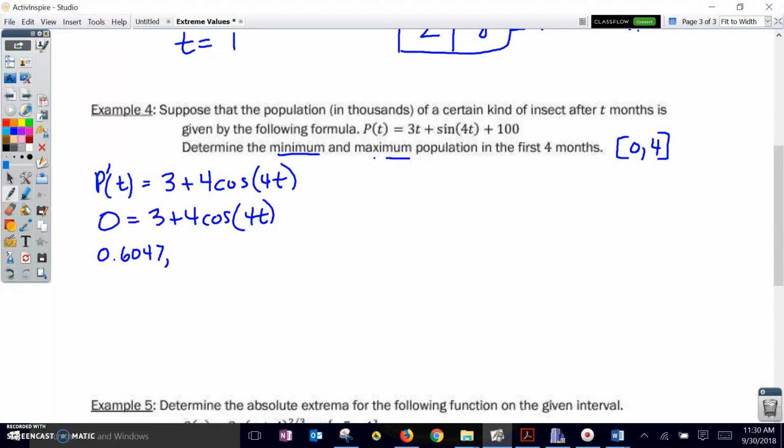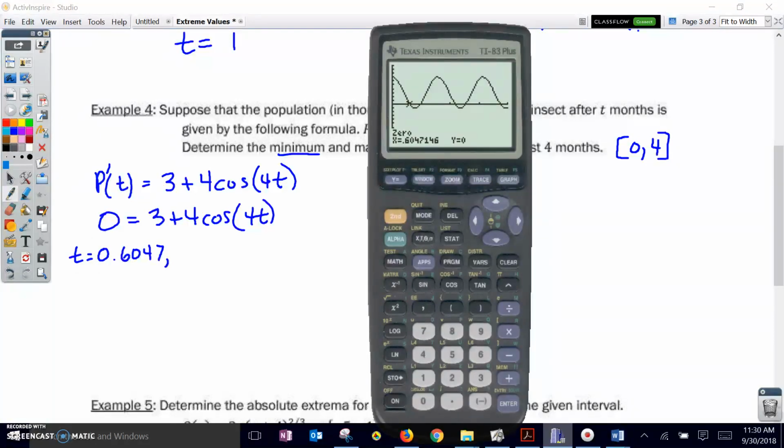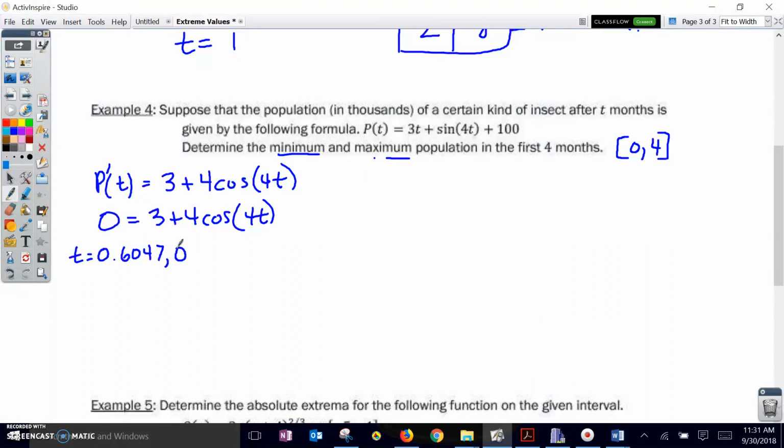Okay, that's one critical point. And then the next one I don't recognize off the top of my head as a particular fraction of pi. Normally I'm pretty good with that. And then I've got 0.9661.